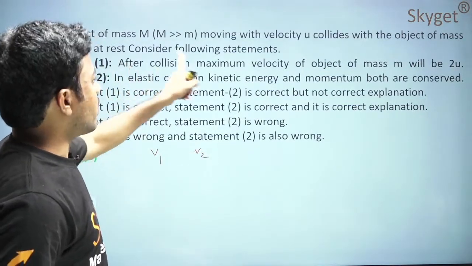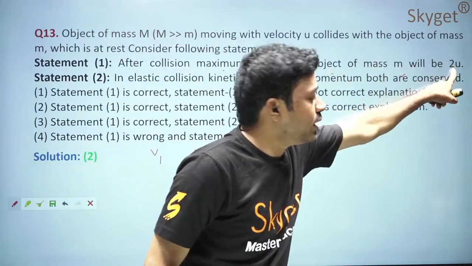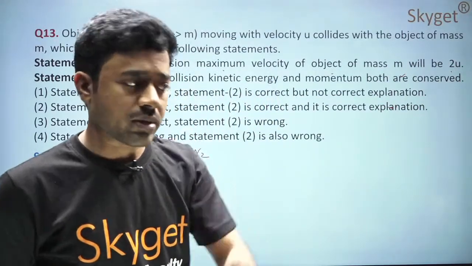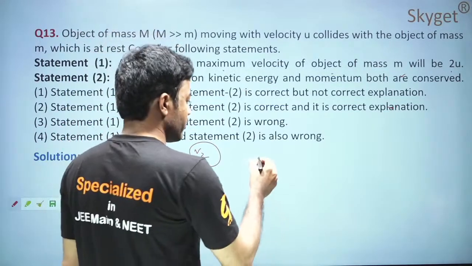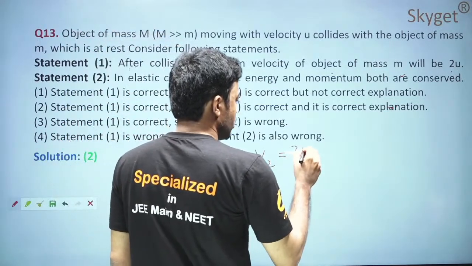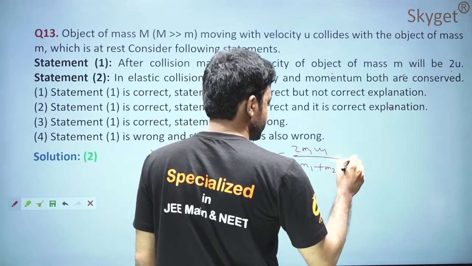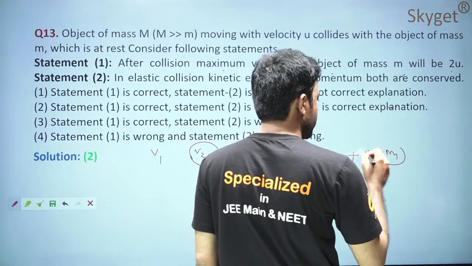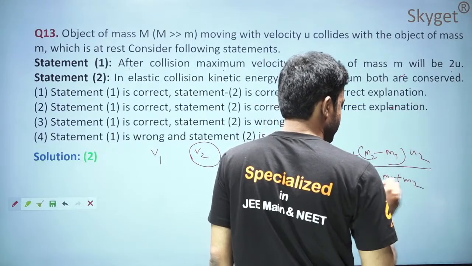In the statement, after collision, the maximum velocity of the mass small m will be 2u. That is, he is asking the velocity of the second mass, the smaller mass only. So you have to find v2, where v2 is 2m1u1 by m1 plus m2, plus m2 minus m1 into u2 by m1 plus m2.